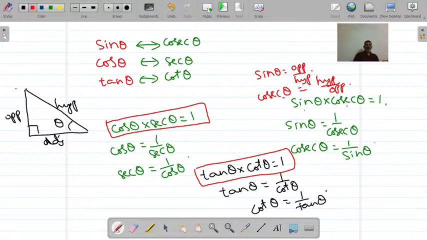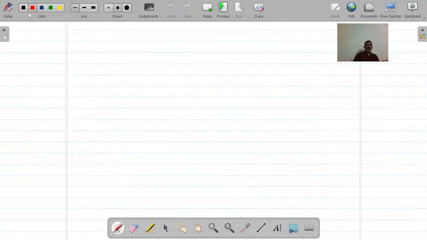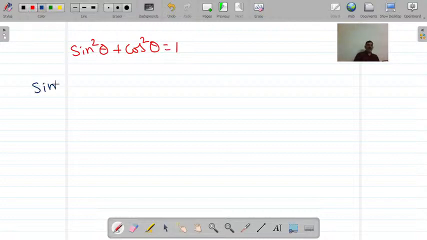Okay, next one. We are talking about the first identity, sine square theta plus cos square theta equals 1. From this we can write some important points. Suppose I want sine square theta, how can I write it? Because I want only this, I have to send cos square theta to the other side. Because it is plus, if you take it to the other side, it is minus.